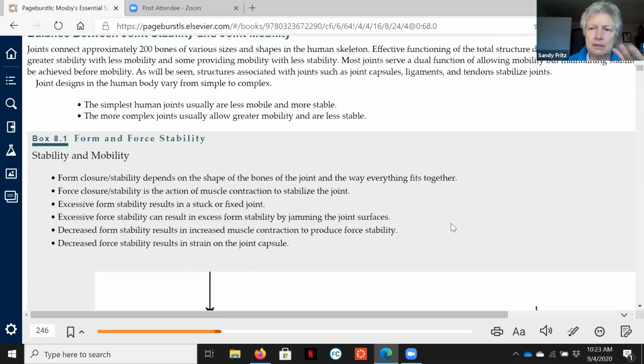The tendons, the joint capsule, and the muscle structure itself need to provide the stability, and that's a force. So these things can do something, they create a force.